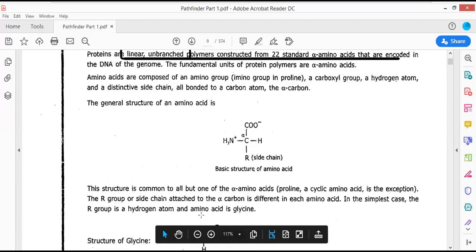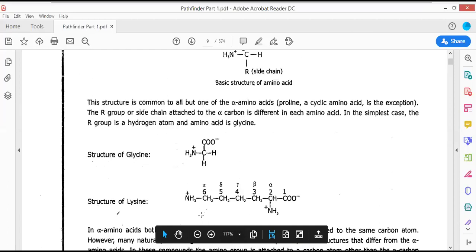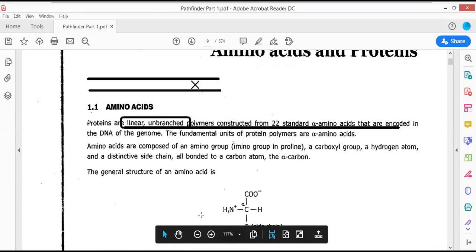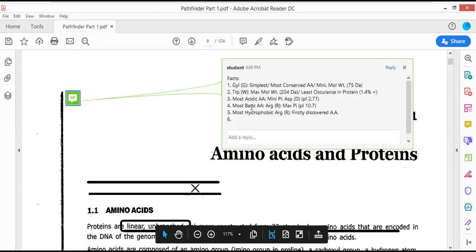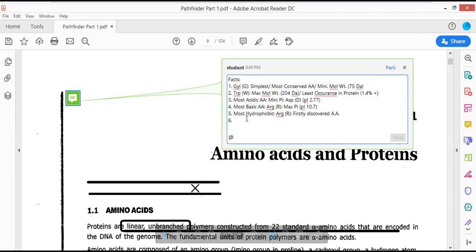Now, the questions which have been asked in your examinations are from the first note that you must underline. These are some of the questions which have been asked in CSIR and other entrance examinations. Which are those questions that you must understand? The first question I'm going to inform you of is about certain facts related to amino acids.